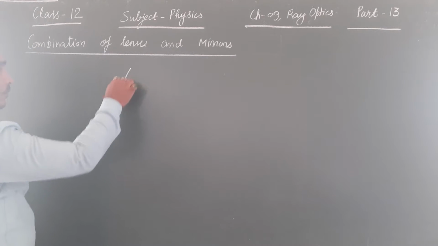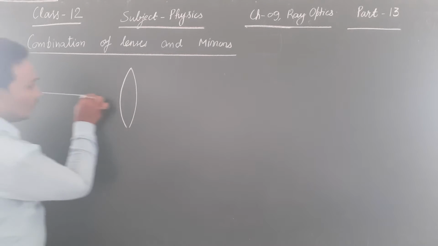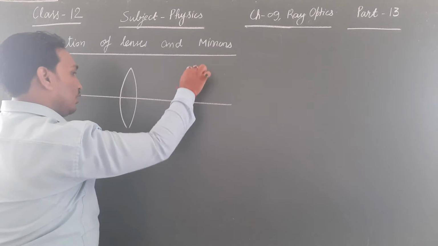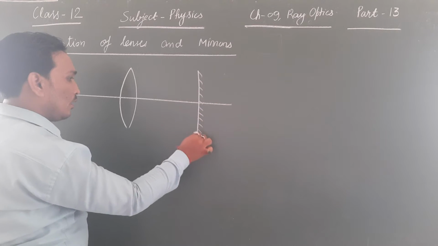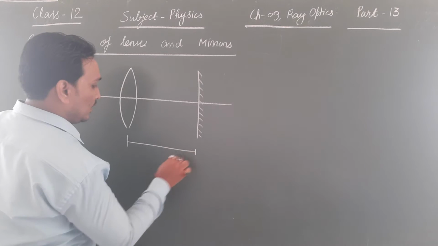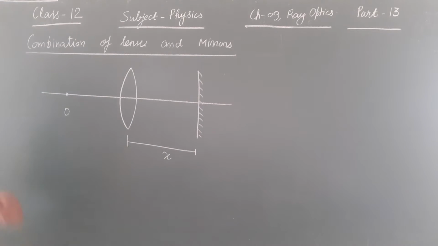The question is, if a convex lens is there and an object is placed somewhere here, and it is given that there is a plane mirror at some distance from the convex lens, say this distance is x.